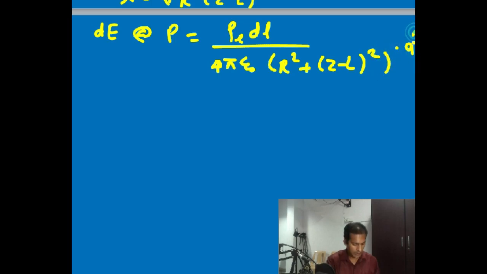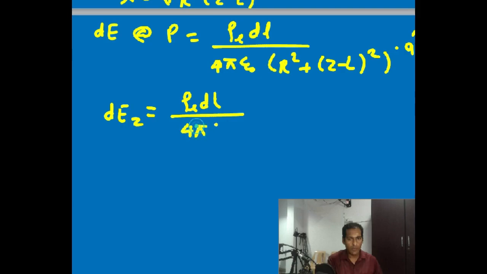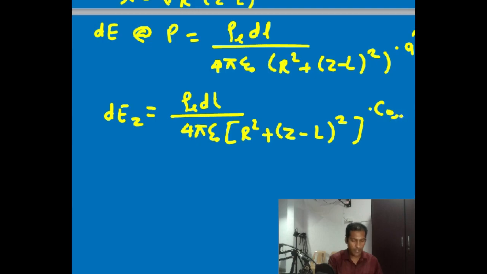into AR cap. Or we can simplify it, as it is on z axis we can write the differential electric field intensity for z axis as rho L dL divided by 4 pi epsilon naught, r square plus z minus L, sorry this will be plus, this whole square into cos of alpha.